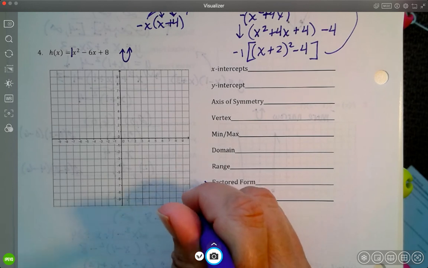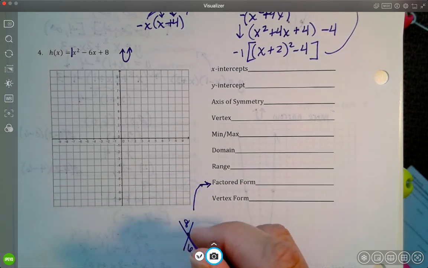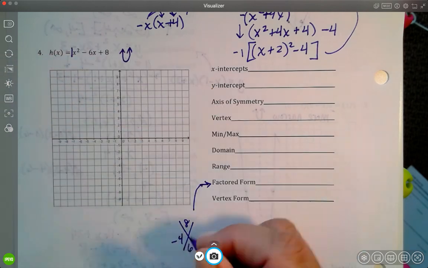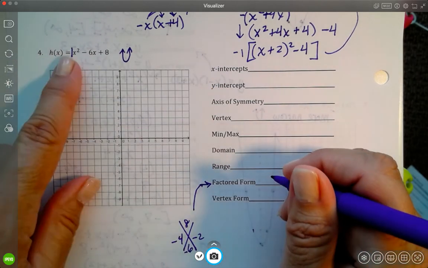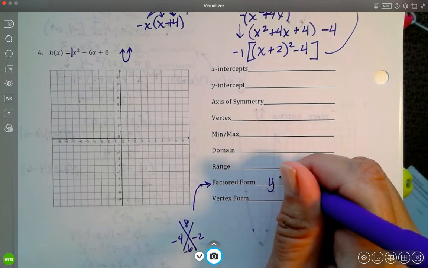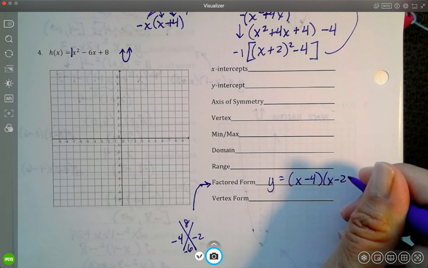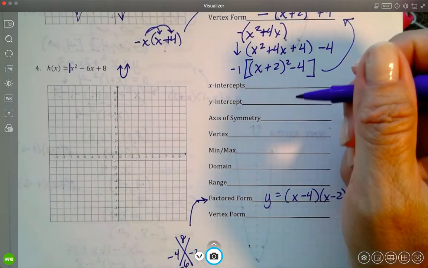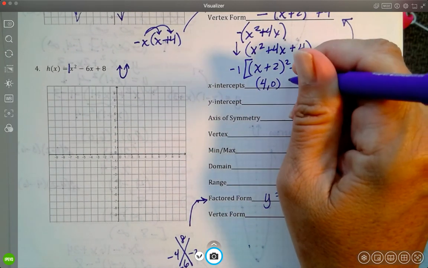So I need numbers that multiply to 8 and add to -6. So that would be -4 and -2. Okay, so since my a is 1, I know my factored form is y equals x minus 4 times x minus 2.